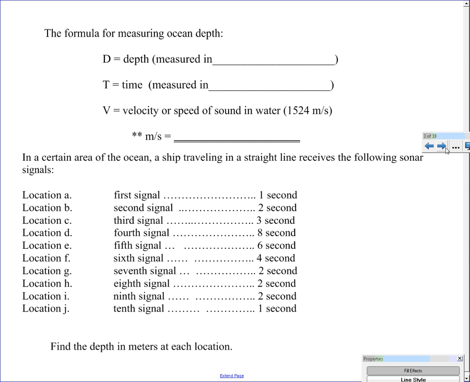The formula for measuring the depth of the ocean floor is D equals 1/2 T times V. D is your depth, and it's measured in what? Meters. T is your time, measured in seconds.